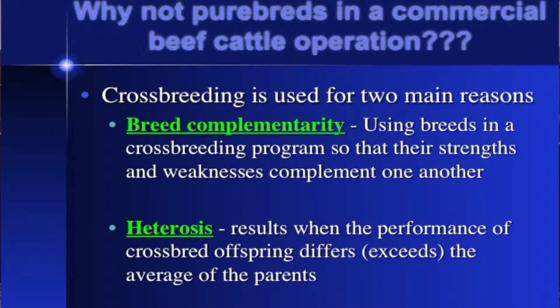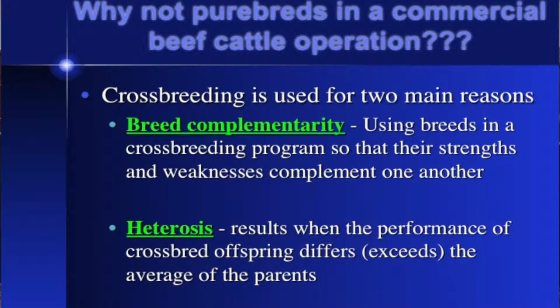We put those together and we complement them. So we offset maybe some of the lower marbling of the Brahman, but we also offset some of the lower heat tolerance of the Red Angus. And so we put those together to figure out what breed works well in these environmental conditions.